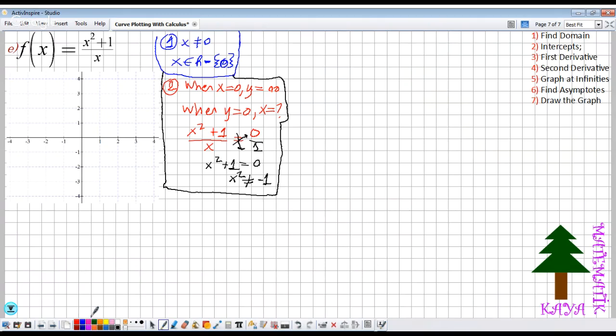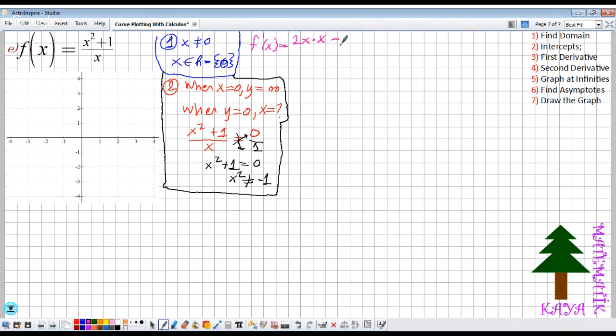Then the third step, first derivative. Let's find the first derivative. I hope that it's short. So derivative of numerator part, quotient rule, 2x times denominator, same again, x.